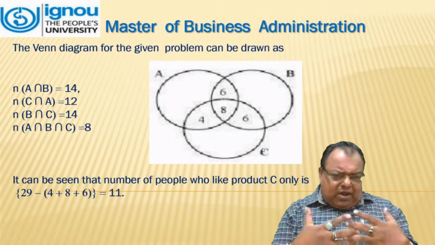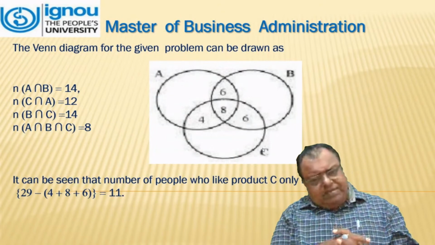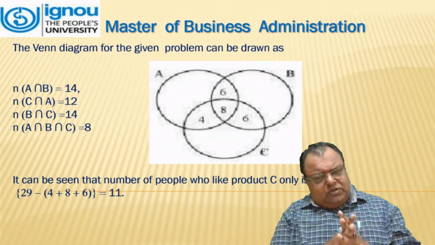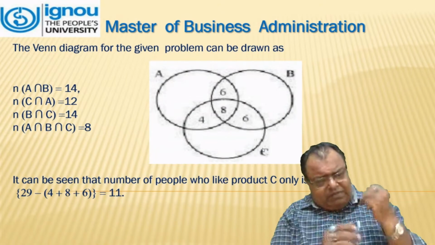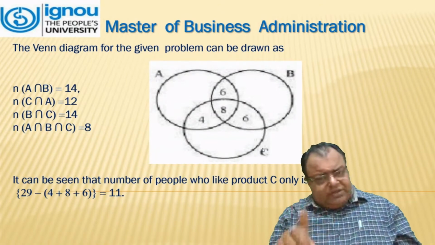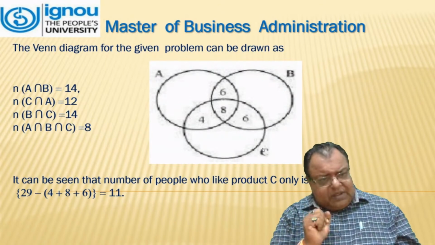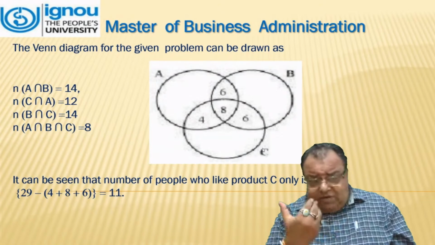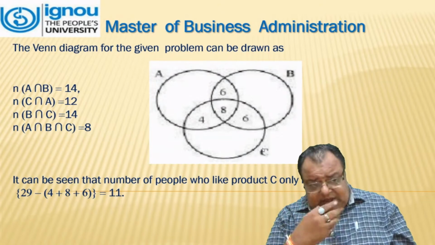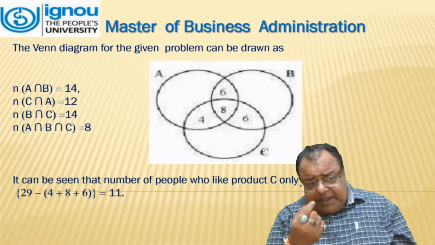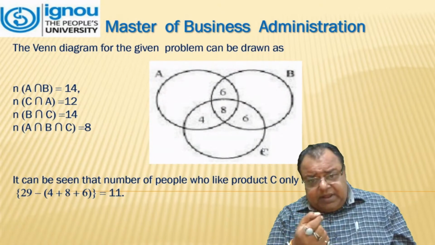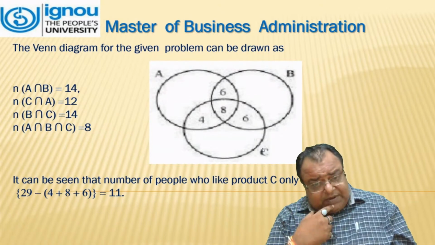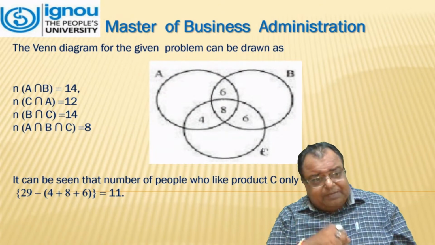Now, when we convert this information into a Venn diagram, we see that we have three products, so we have three circles. These three circles will be intersecting. When we go back to the condition given to us, here we can see that N(A intersection B) is 14, 6 and 8.